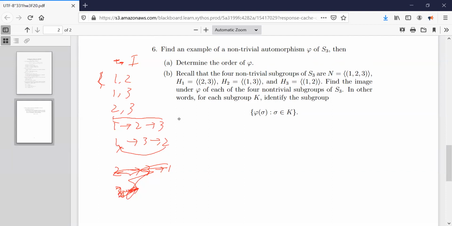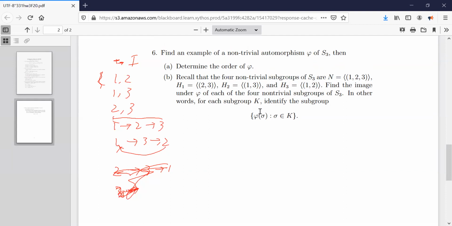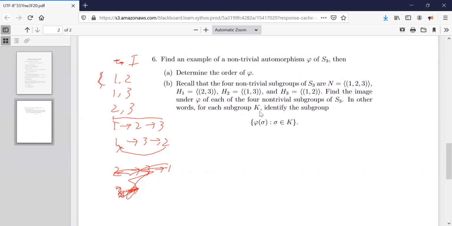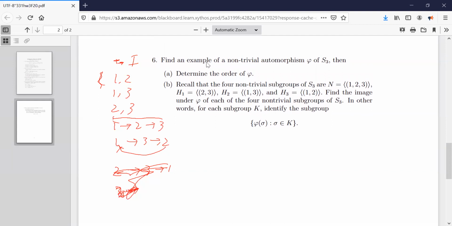So you pick one of these guys and then generate that under phi. See what you get. Does that make sense?